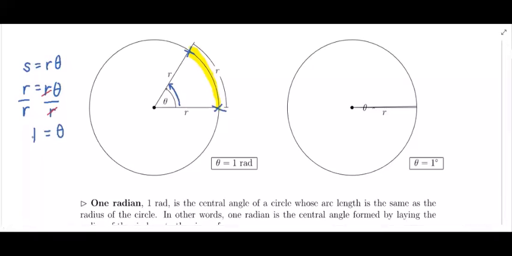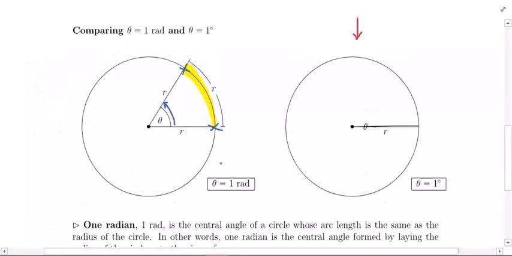Hopefully this makes it clearer that by drawing your picture this way, where the arc length is equal to the radius, that subtends an angle of 1 radian. So that is what an angle that measures 1 radian is.